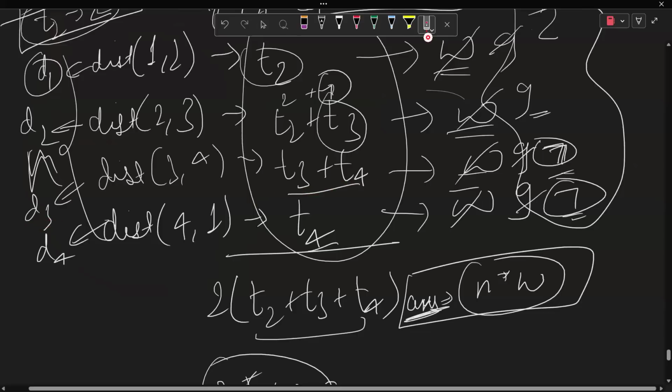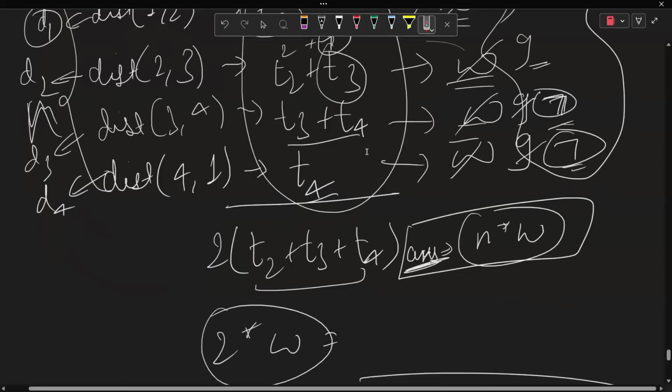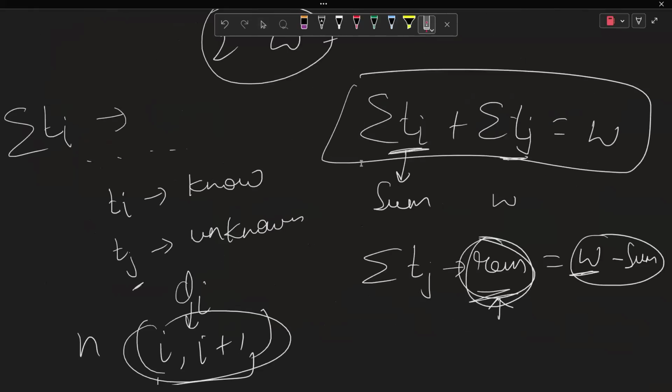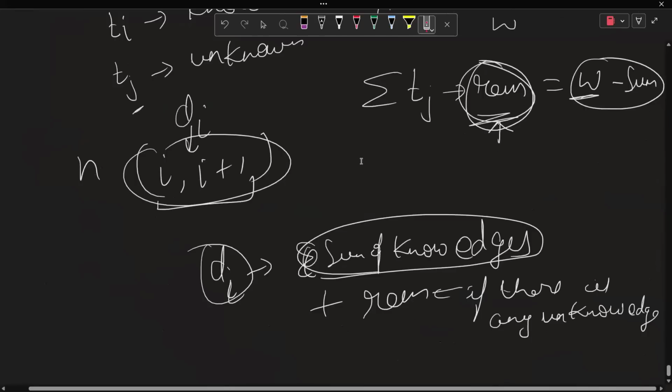I need to maintain that thing for my final answer calculation. More specifically, for Di, what I need to maintain is the sum of weights of the known edges, and the number of edges that are unknown.